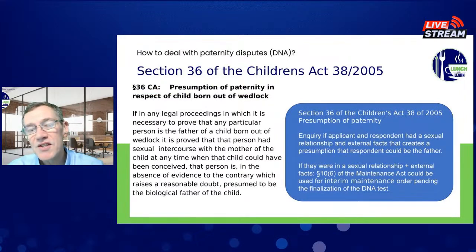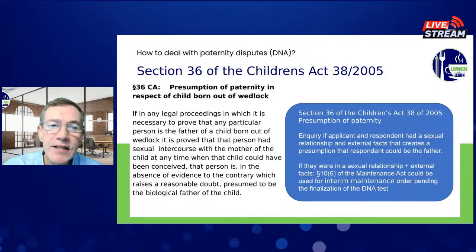So let's come to Section 36, and I've dealt with Section 36 in previous webinars as well. That deals with the presumption of paternity where the parties are not married and a child was born out of wedlock.